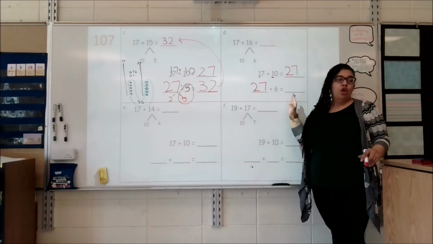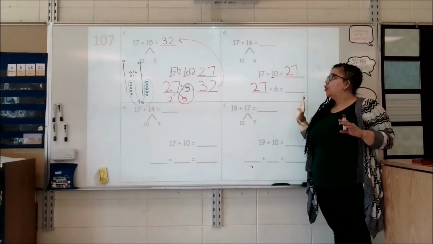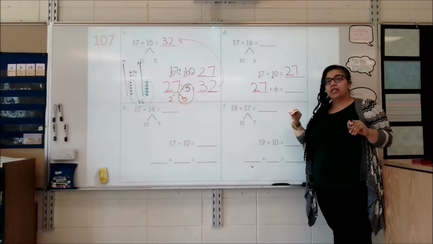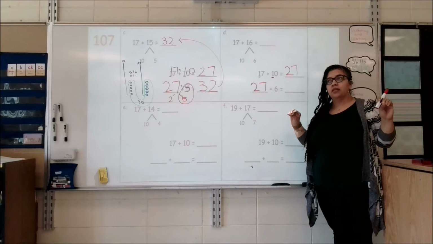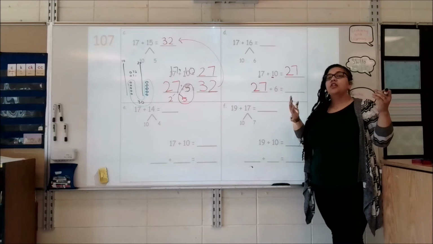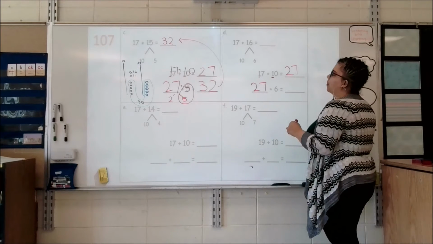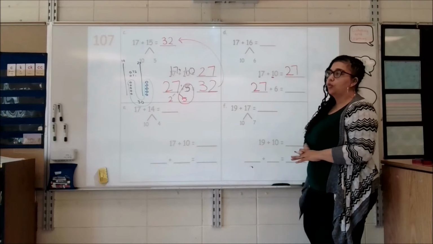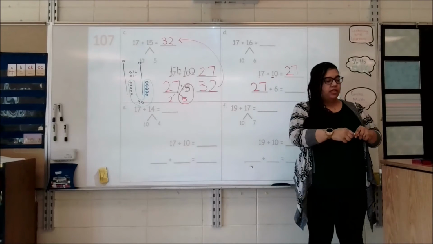With this one, which one is closer to a group of 10? 27 or 6? 27 is closer to a group of 10. Good.